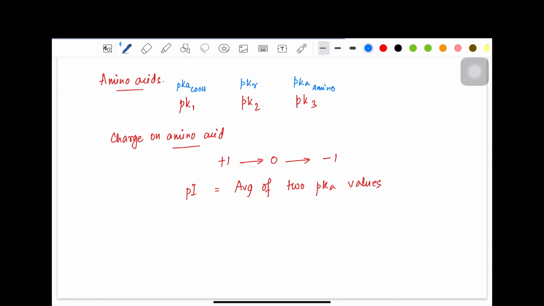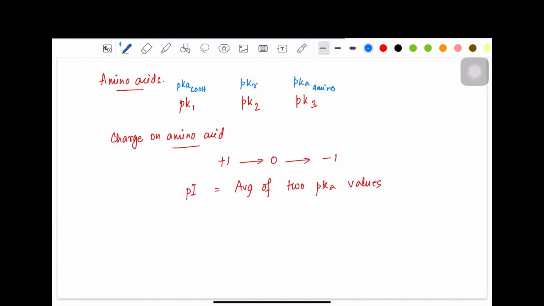In this condition where these amino acids have three pKa values, how do we calculate the Pi? Because we know when amino acids have two pKa values, that is when the side chains are not ionizable, there are only two pKa values corresponding to the carboxyl group and the amino group.